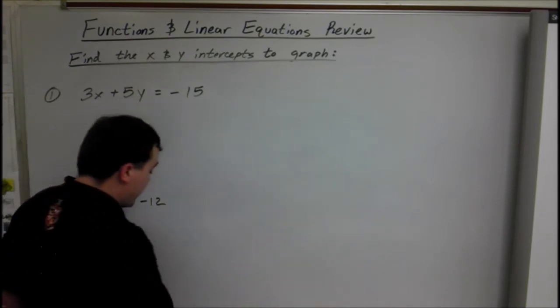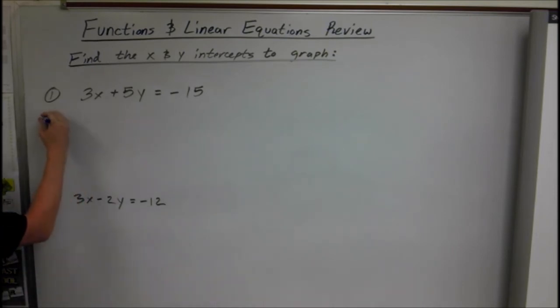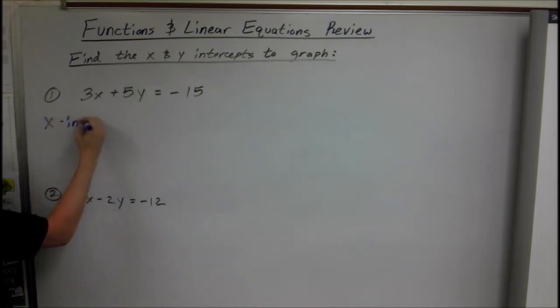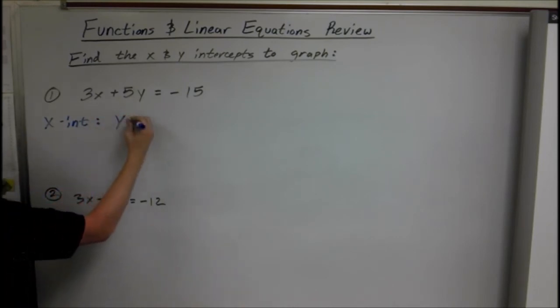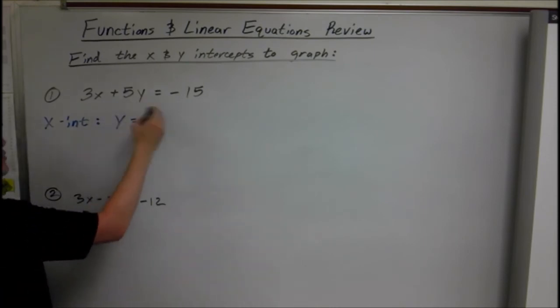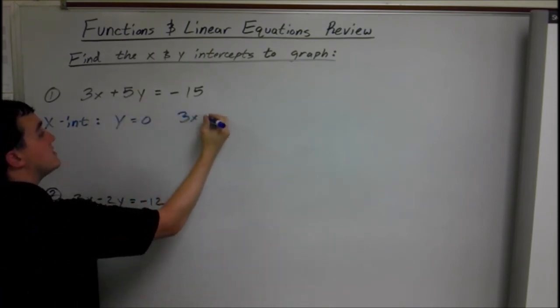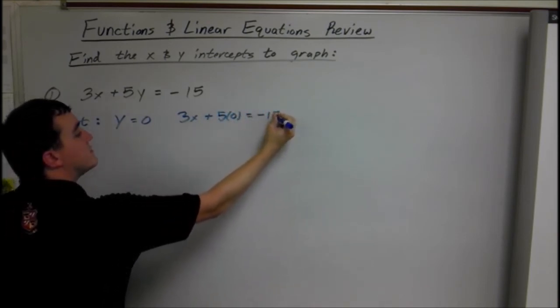Alright, next we're going to use the x and y intercepts. And intercepts are just where they hit the x and y axis to graph them. So first we have 3x plus 5y equals negative 15. So, to find the x-intercept, all we have to do is plug in 0 for y. We have 3x plus 5 times 0 equals negative 15.